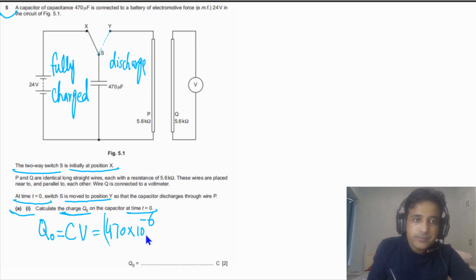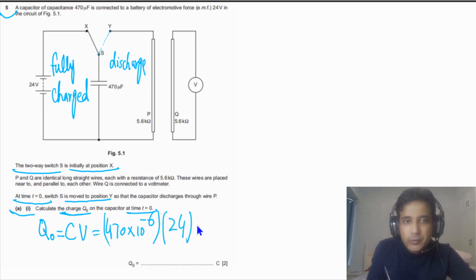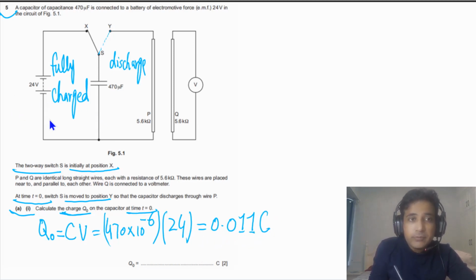And we also have the value of V, which is equal to 24 volts. If we solve this, our final answer will be 0.011 coulombs to 2 SF. This is our final answer because the data given to us has the least number of SF, which is 2 SF.